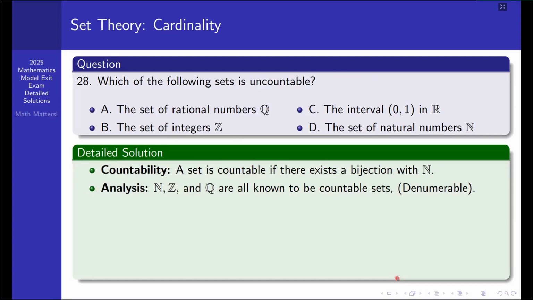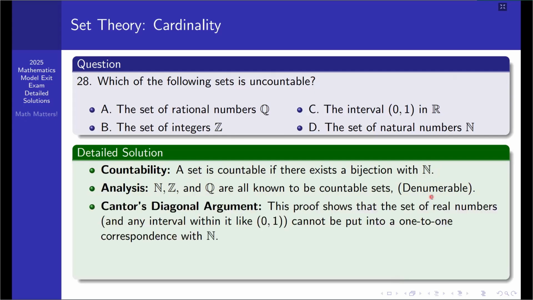So when we analyze N, Z, and Q, the set of natural numbers, the set of integers and the set of rational numbers are all known to be countable sets, because each of them has a one-to-one correspondence, or satisfies a bijection, with N.